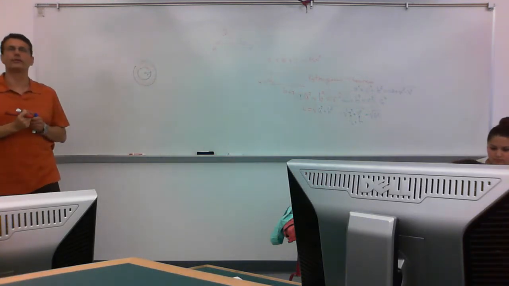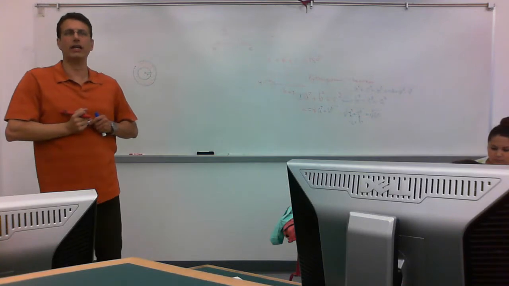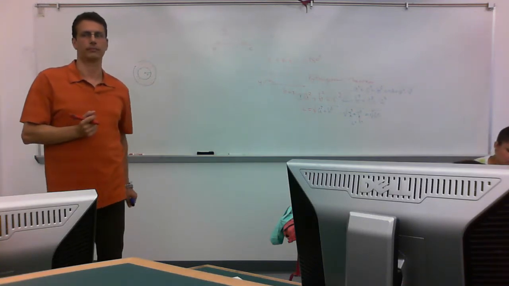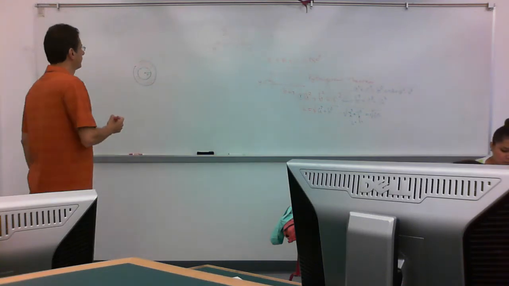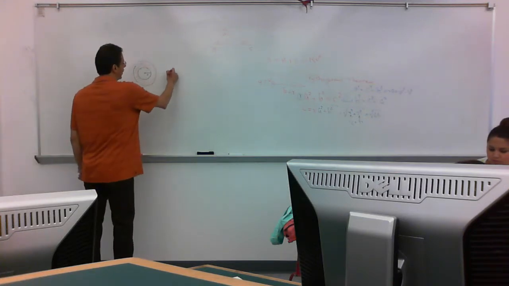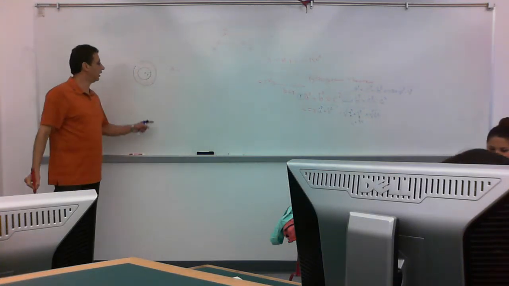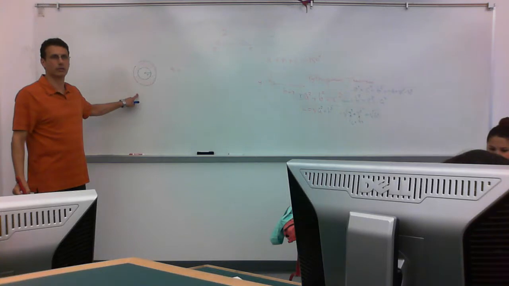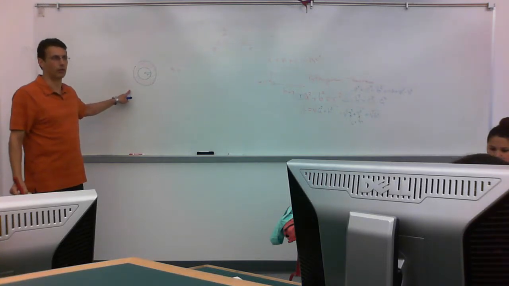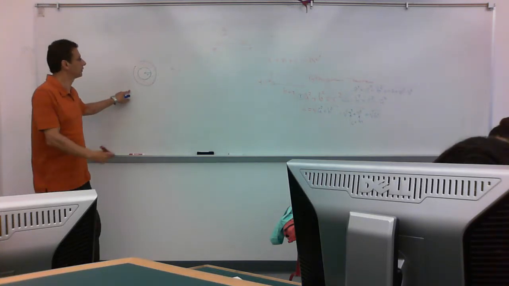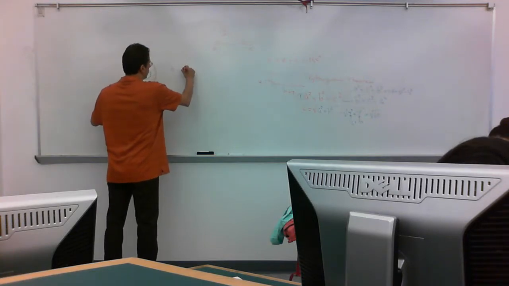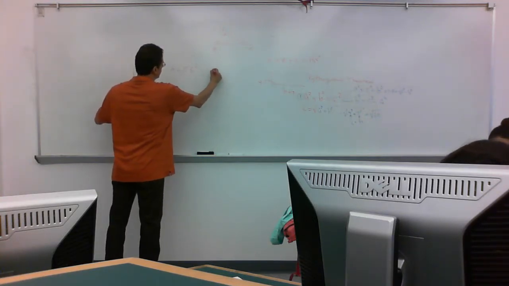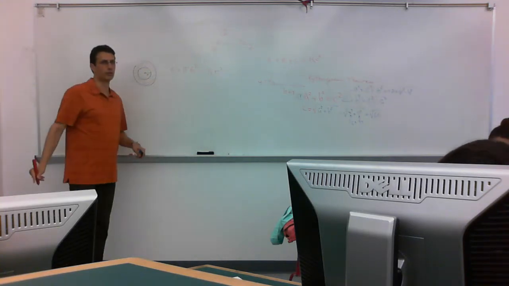If we are to find the shaded area, do you see that the shaded area would be the area of the bigger circle minus the area of the smaller one, right? So pi capital R squared minus pi lowercase r squared.